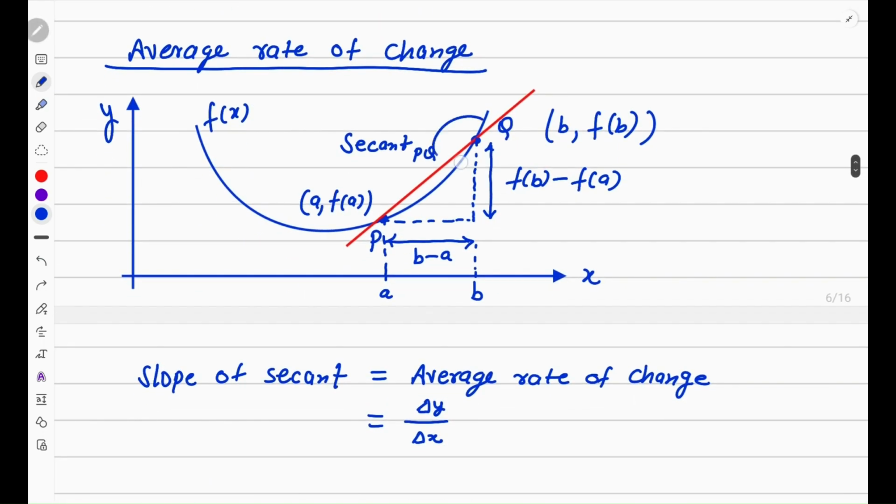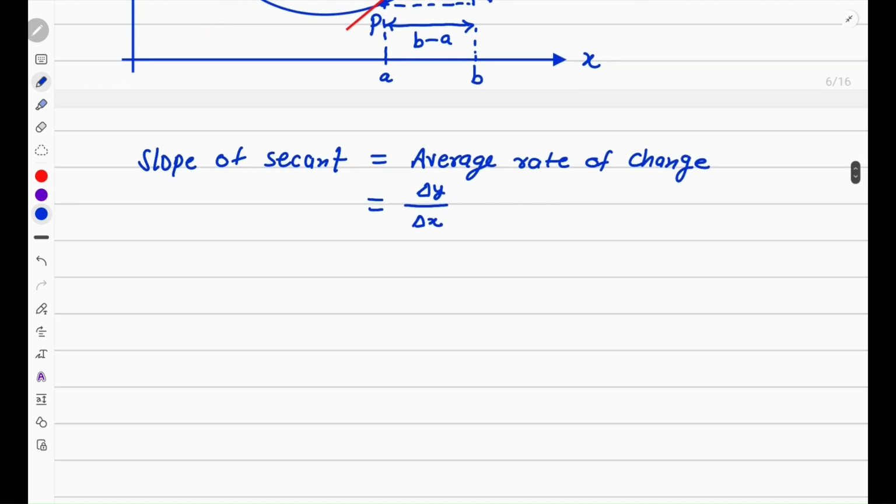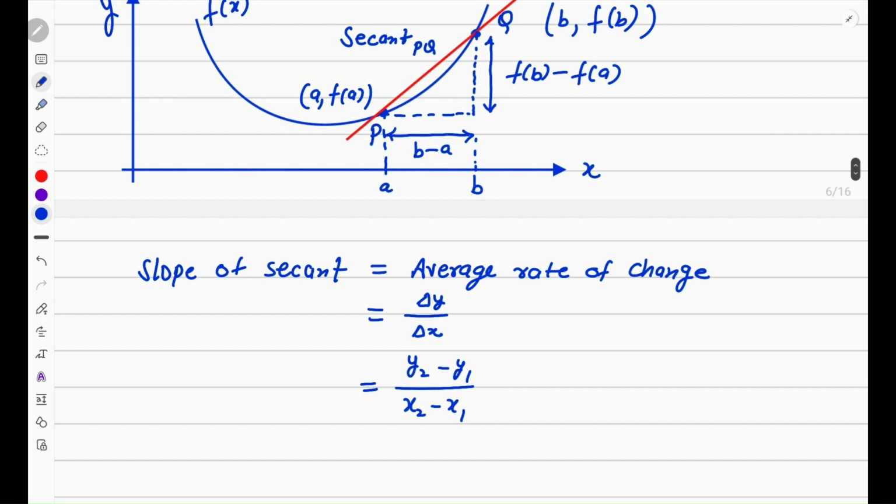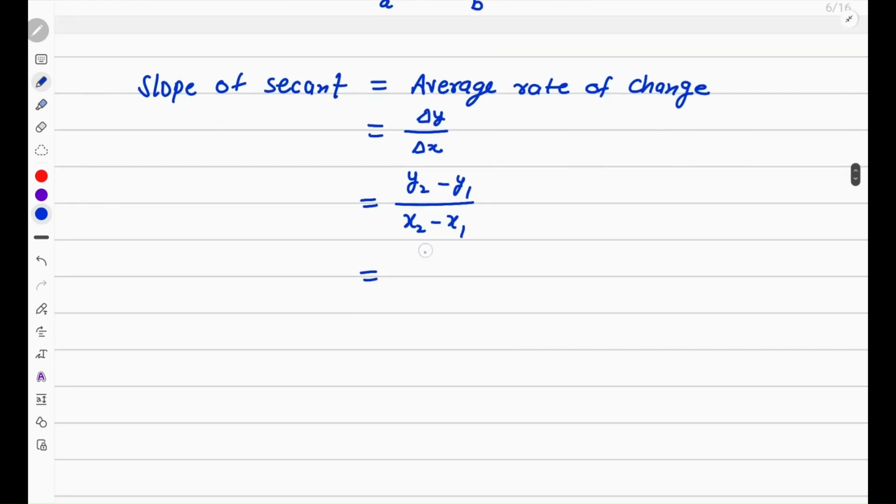Here both points are on the curve. So it is y2 minus y1 over x2 minus x1, which is f(b) minus f(a) over b minus a.